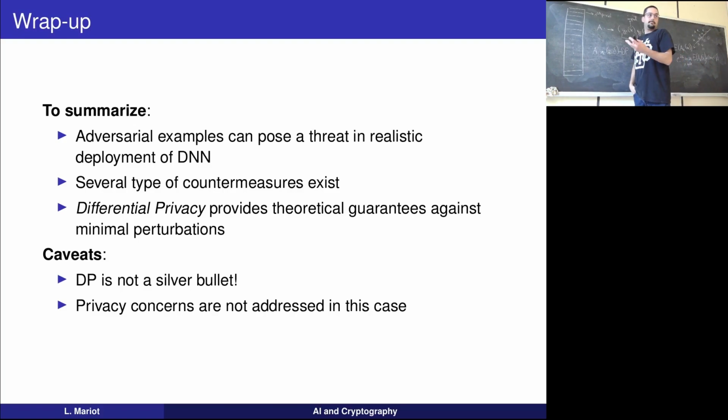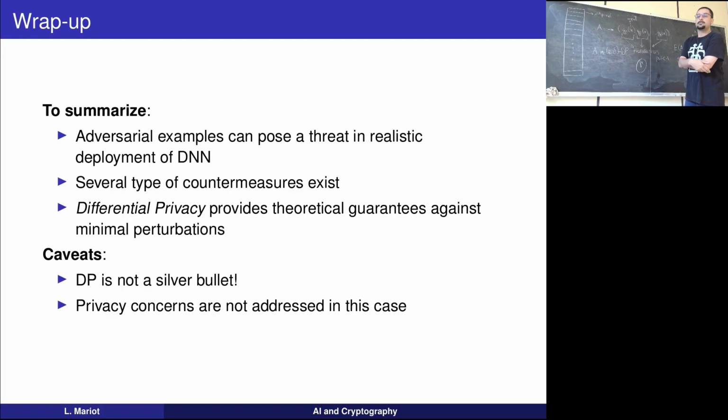There are a few caveats here: differential privacy, as amazing as it may sound, is not a silver bullet, because a lot more problems might arise in adversarial examples. Here you have theoretical guarantees, but you bound the perturbation to a particular radius. If you go above that radius, you no longer have any guarantees, and that depends on the capabilities of your adversary.